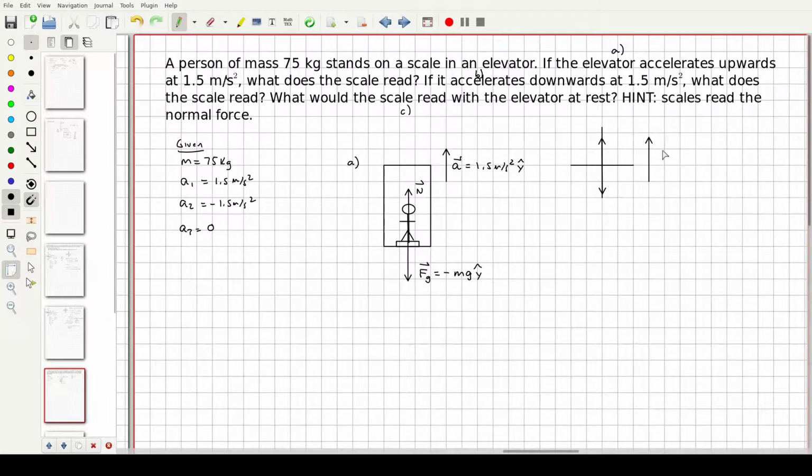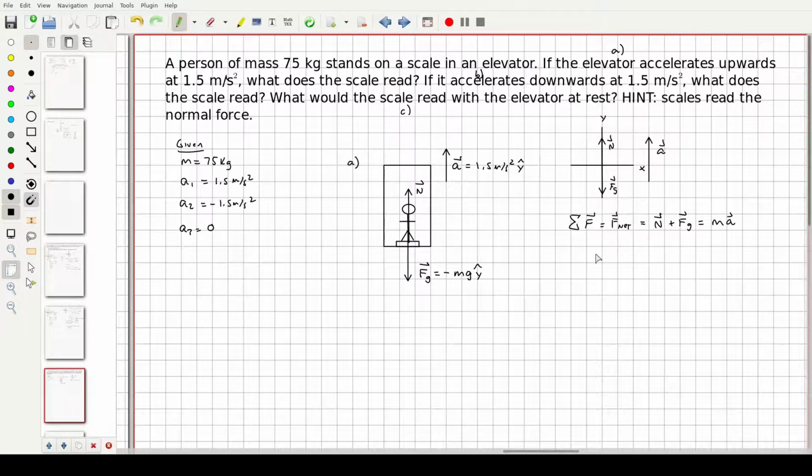Your net acceleration is up. Normal force, force due to gravity. If I sum up my forces to get the net force, I have two, a normal force and a weight. These add together to act on the mass of the person inside there and produce an acceleration of 1.5 meters per second squared.